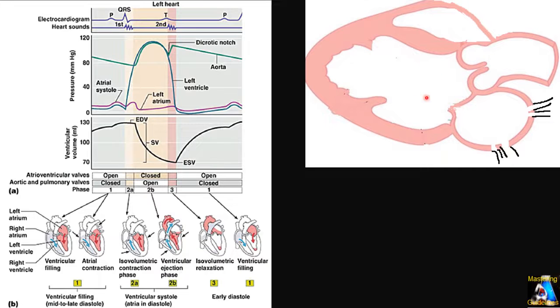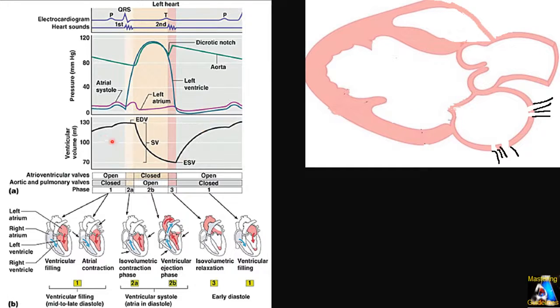And when the electrical activity of the QRS starts, the left ventricle contracts and starts pushing blood this way and that way, and right away with the QRS wave, the mitral valve closes and the cycle of the heart repeats again.